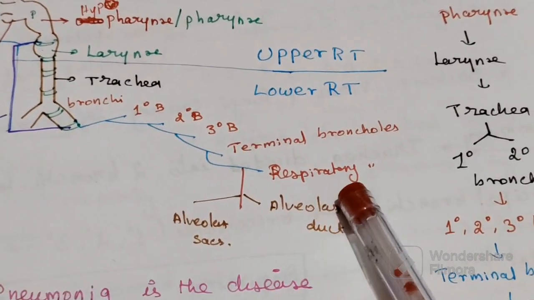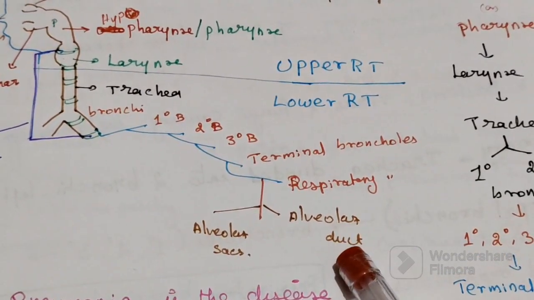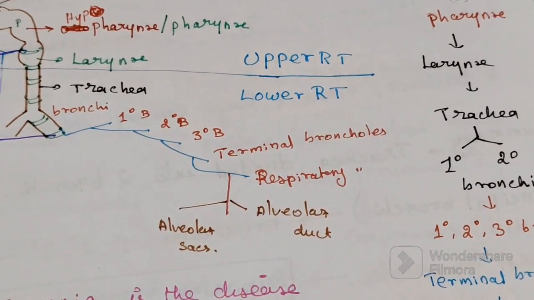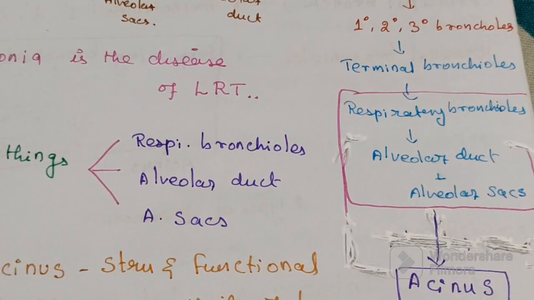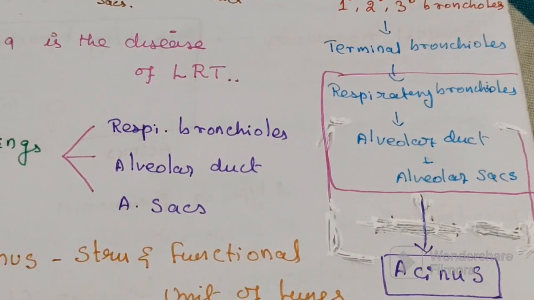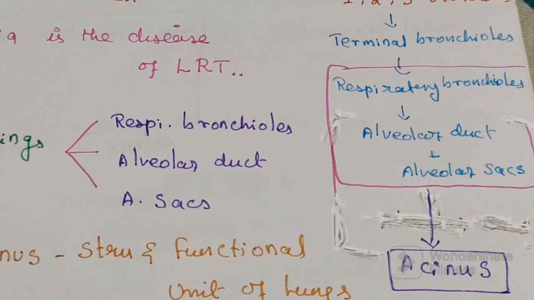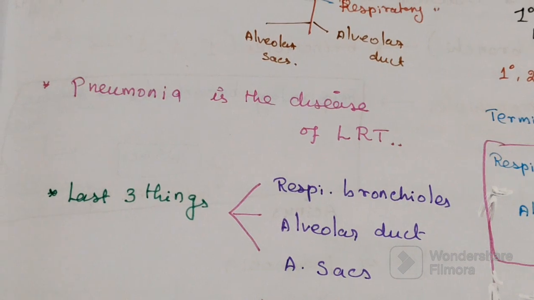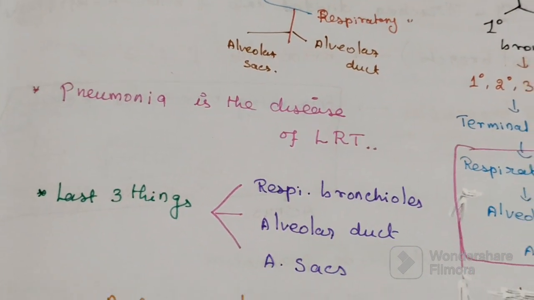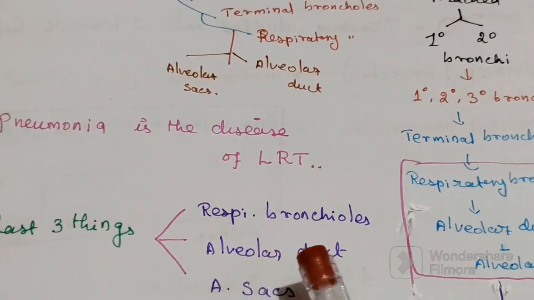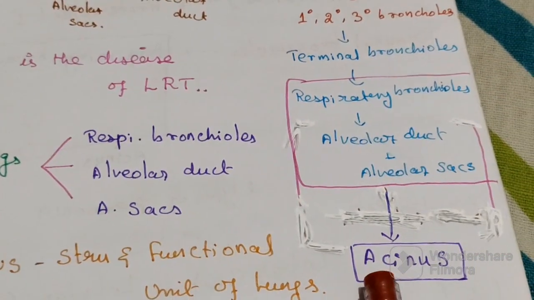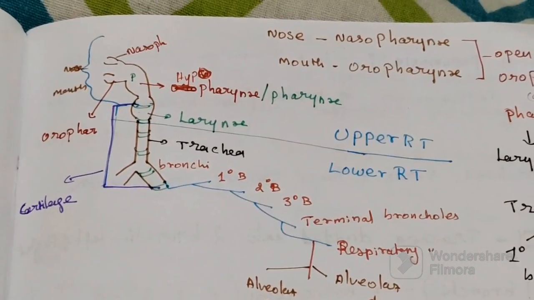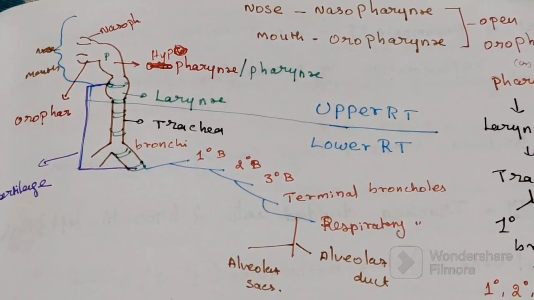Respiratory bronchioles, alveolar duct and alveolar sac, these three things together are considered as the sinus. This is the respiratory tree.